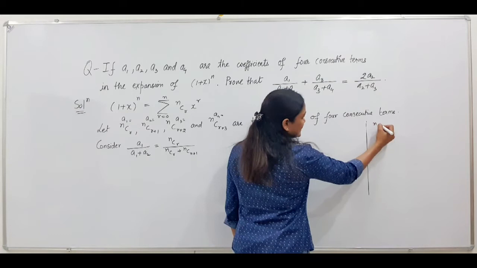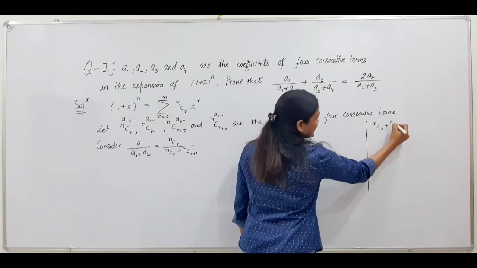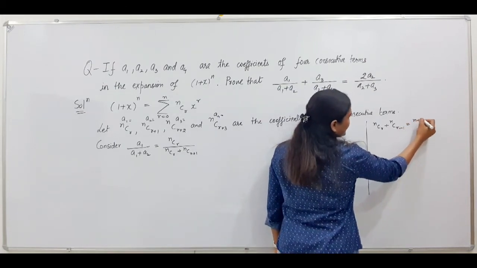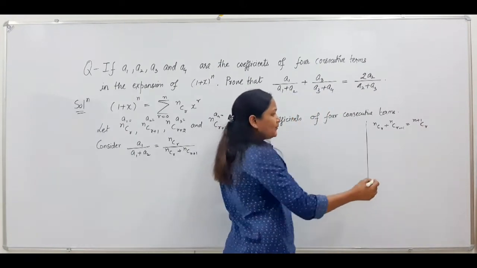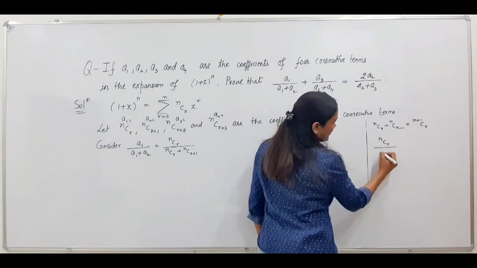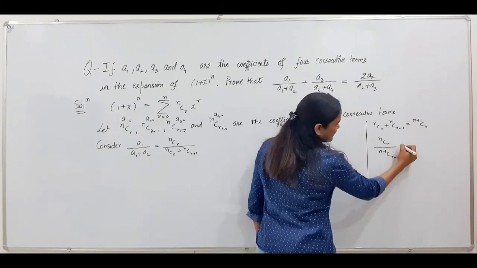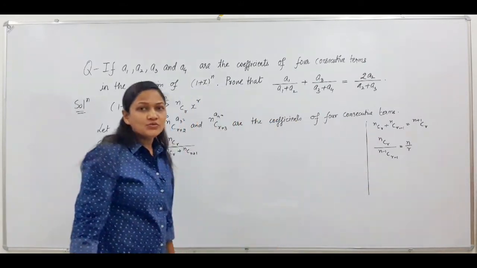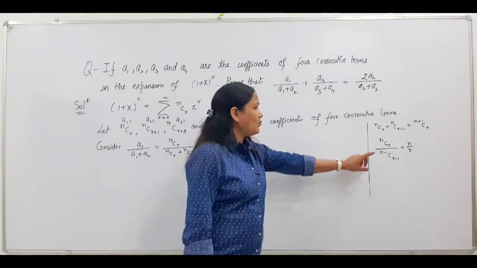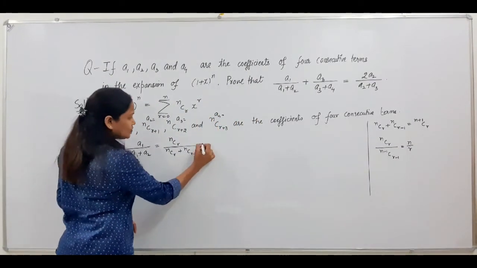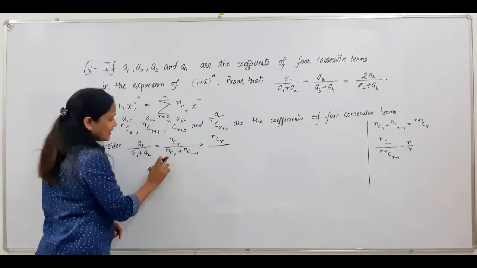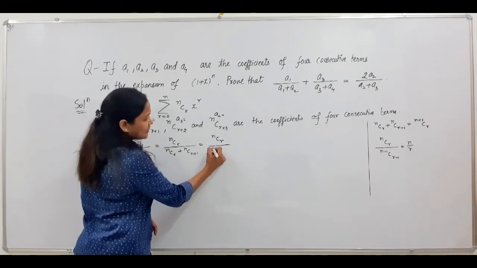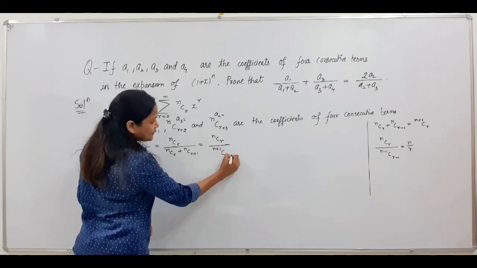They are nCr plus nC(r minus 1) is equals to (n plus 1)Cr, and the second one is nCr upon nC(r minus 1) is equals to (n minus r plus 1) upon r, because in this question we are going to use both properties. Now using these formulas, this will be equals to nCr upon nCr plus nC(r plus 1), and that will become (n plus 1)C(r plus 1).